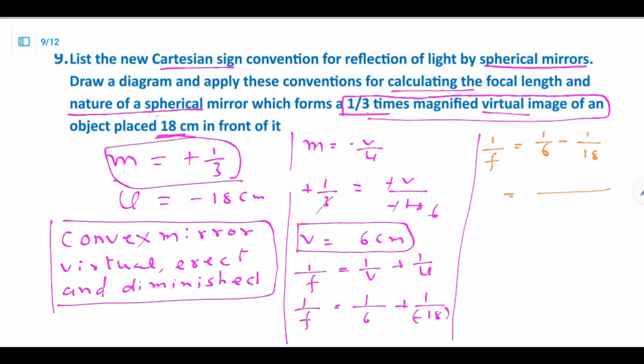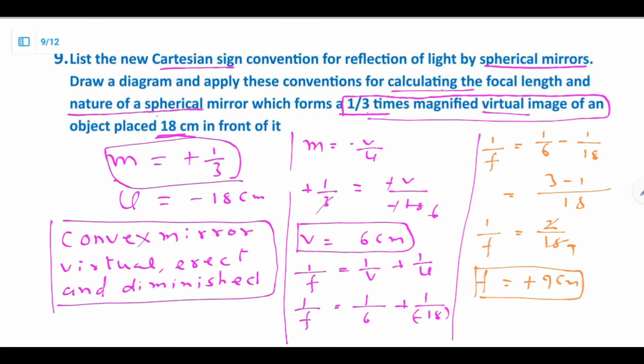Now the LCM of 6 and 18 is 18. 6 ones are 6, 6 threes are 18, 18 ones are 18. So 1 by f equals 2 by 18, which is 1 by 9. Taking reciprocal on both sides, f equals plus 9 centimeters. So the focal length is positive, it is definitely a convex mirror.